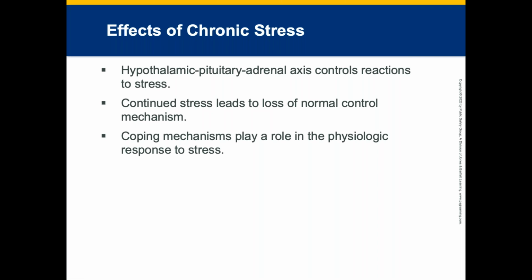Adrenals then continue to produce cortisol, which then exhausts the stress mechanisms, leading to fatigue and depression, and interferes with serotonin activity. A consistently high cortisol level suppresses the immune system, and then you start getting coping mechanisms, which play a role in the physiologic response to stress. So effective coping mechanisms can help a patient improve that immune system response.